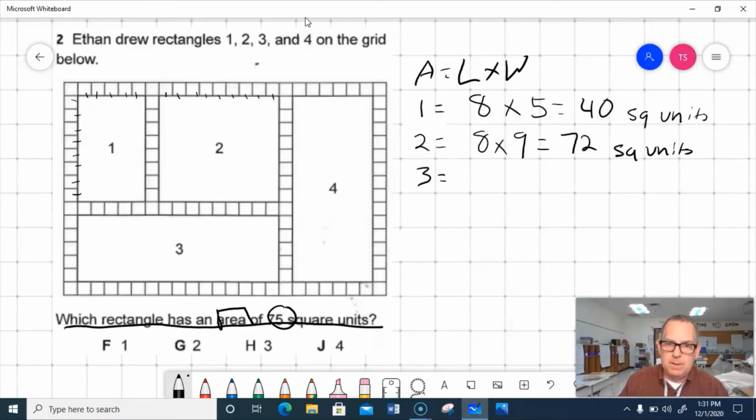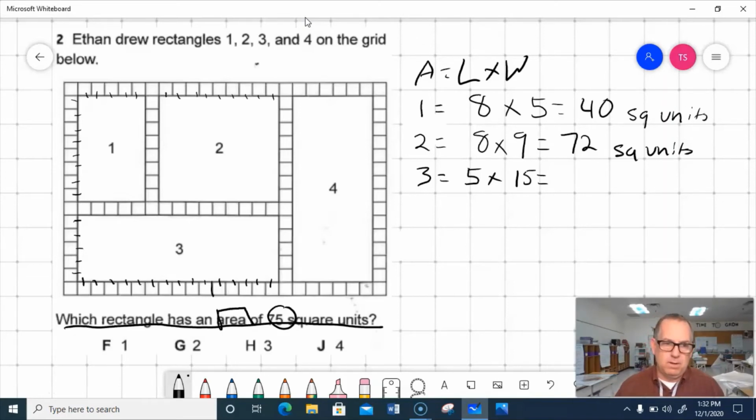Rectangle 3. What's the length and width of rectangle 3? Yep, that looks like it's 1, 2, 3, 4, 5, so a length of 5. And the width looks like it is 1, 2, 3, 4, 5, 6, 7, 8, 9, 10, 11, 12, 13, 14, 15. So it has a width of 15. So we'll do 5 times 15 to figure out what the area is. What is 5 times 15?